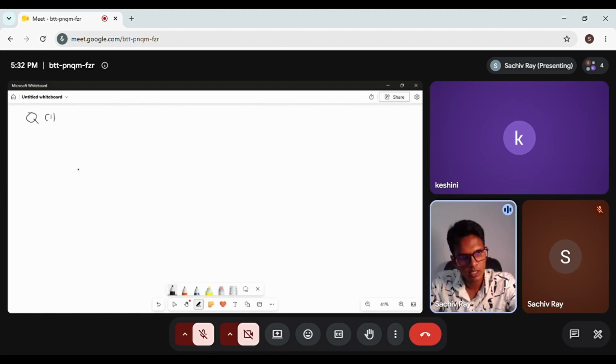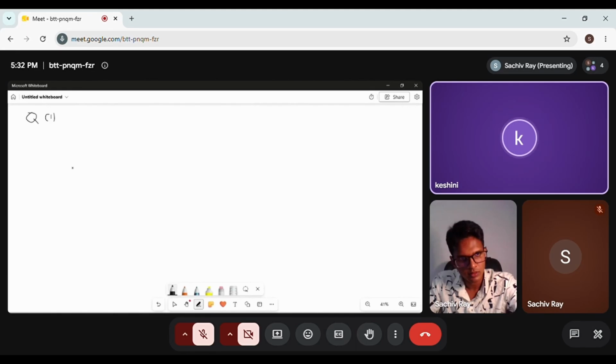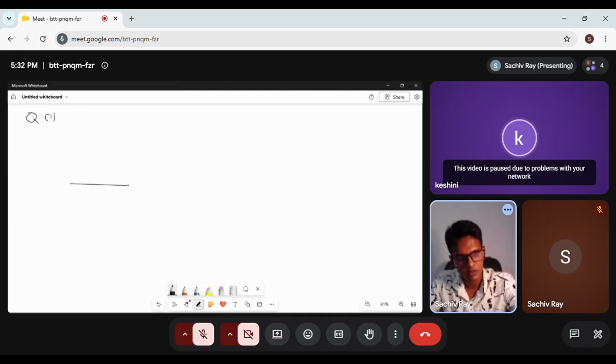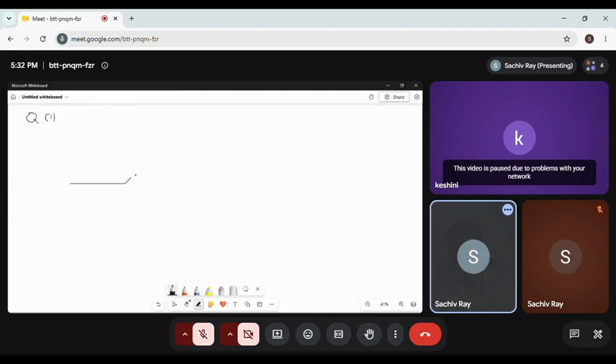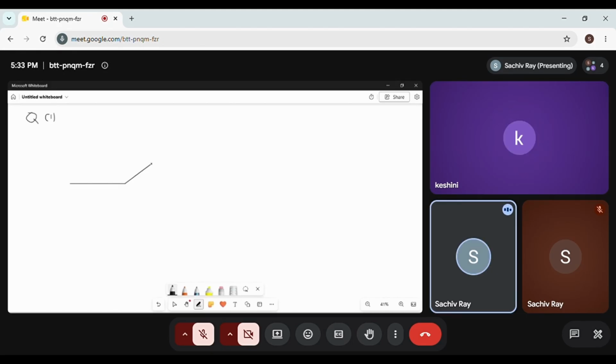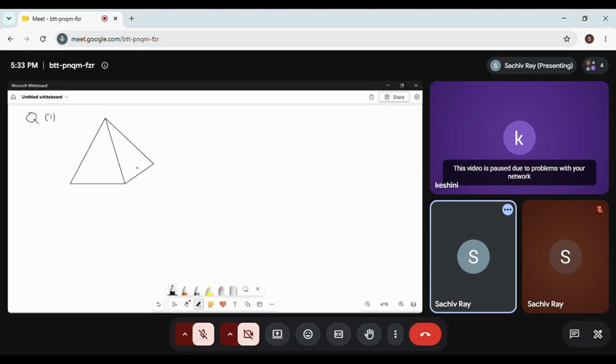If I gave you the pyramid like this, the height would be... Now I'll give you the slanted height, not the perpendicular height. I'm not going to give you the height of the pyramid.